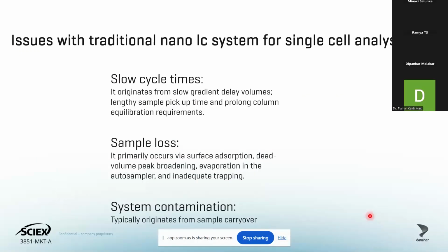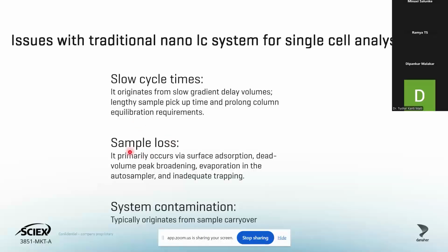Now, if I talk about the traditional nano LC system for single cell analysis, it may not be very good, because single cell analysis demands very high-throughput analysis, and the typical nano LC used in the market mainly has the problem of slow cycle time, slow gradient delay volumes, lengthy sample pickup time, and prolonged column equilibration requirement.